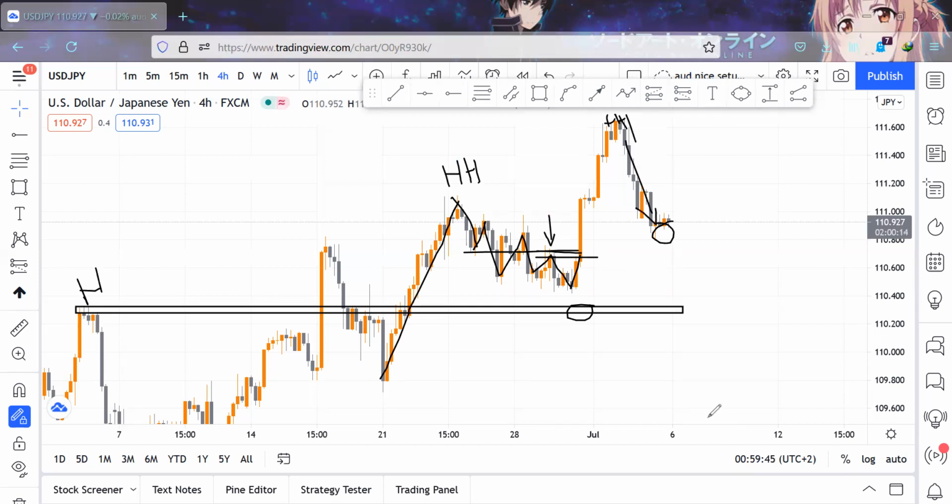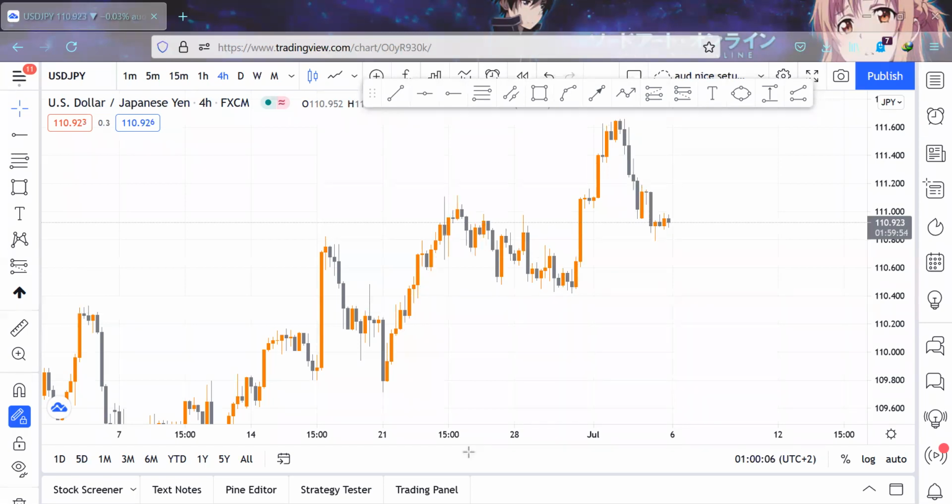Now, for you to actually say that, okay, now this is our higher low as compared to these past lows here, you need to have facts, or you need to have reasons for your entry into the market, right?